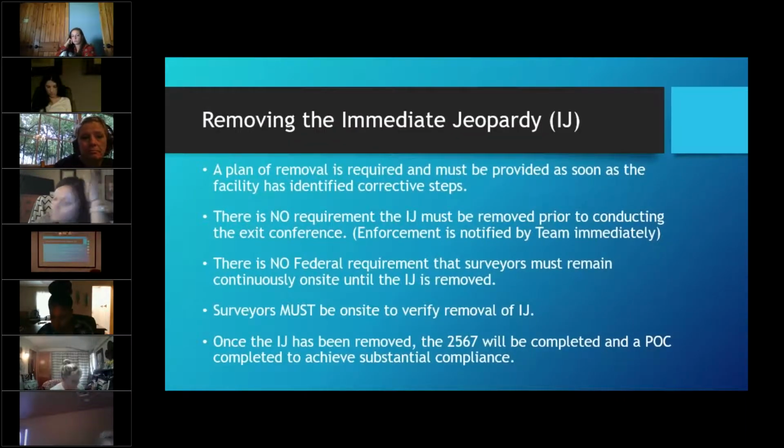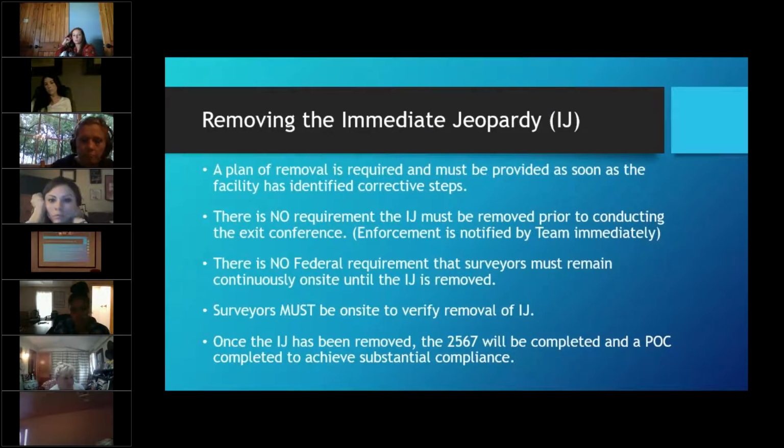Removing the immediate jeopardy. A plan of removal is required and must be provided as soon as the facility has identified corrective steps. So you want to gather whoever's going to be the brains of the operation and who's going to help you get stuff done, whoever has the knowledge, so you can come up with a plan to remove that IJ.